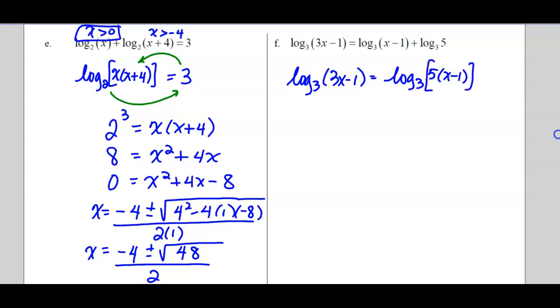And now we've got log on each side with the same base. So that means each argument has to be equal. And then it's just a linear equation to solve.